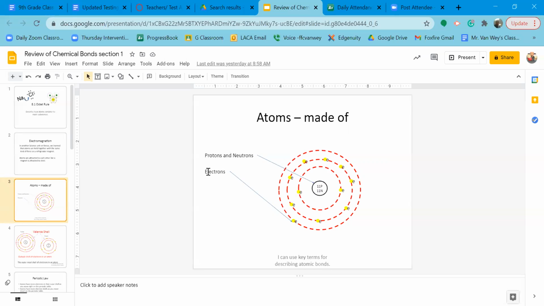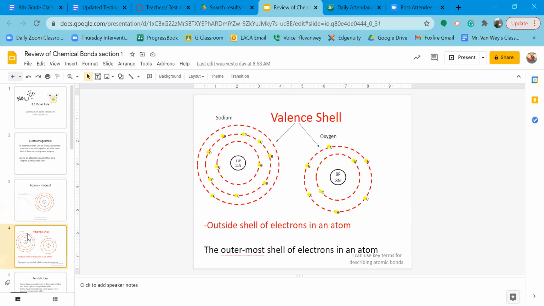We will talk about chemistry though, and chemistry takes place with electrons. It takes place on the outer shells of electrons, where atoms give up and take electrons and form chemical bonds. Our first term is valence shell.